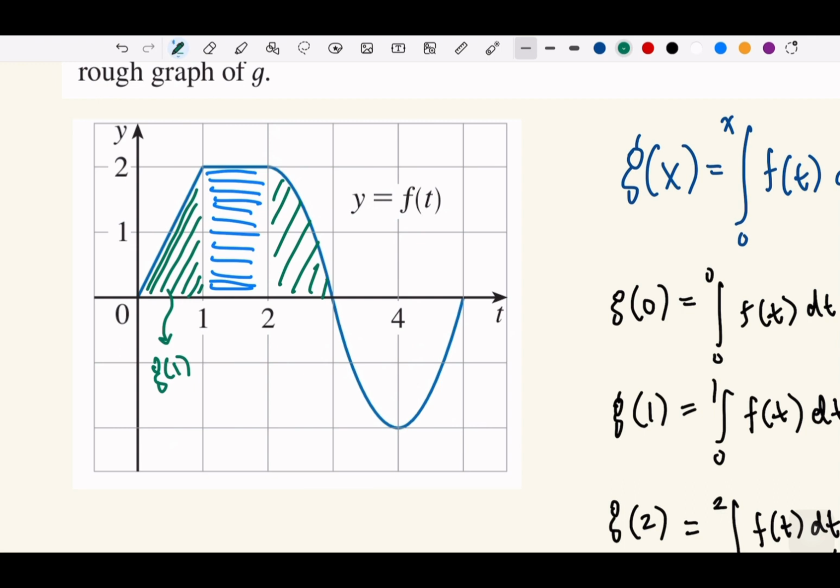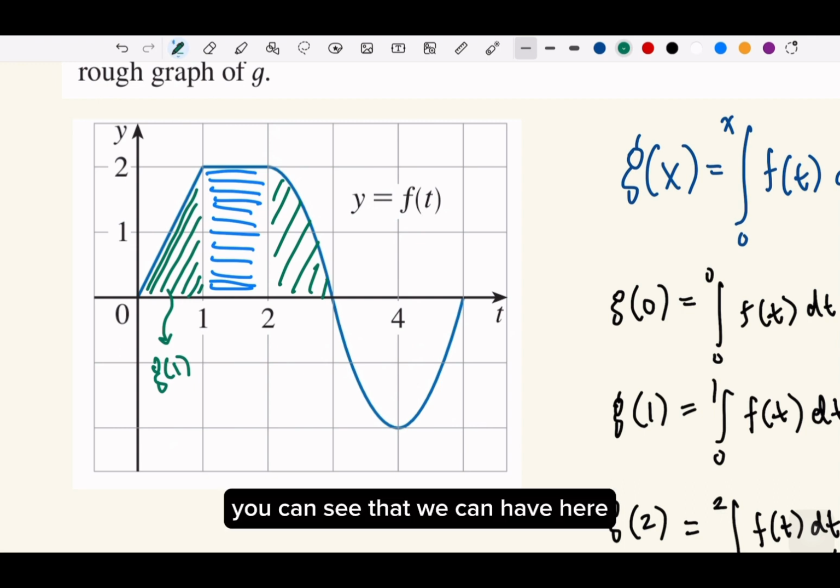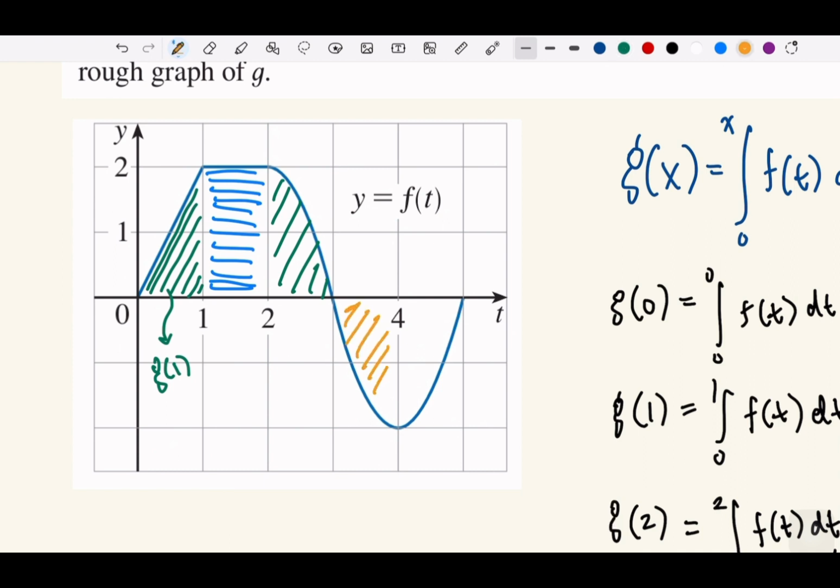This is 4, 5. You can see that we can have here, and then maybe the last one is here.